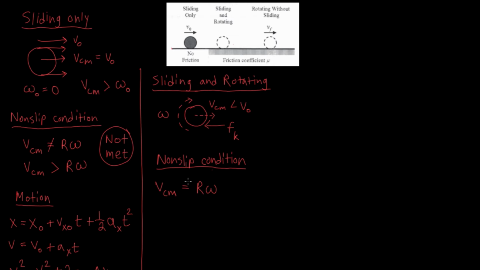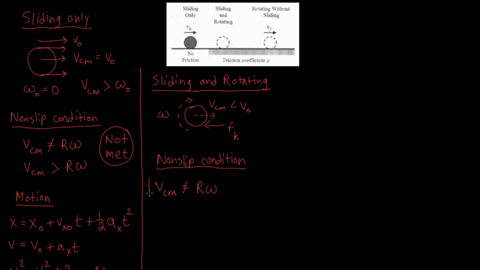So what we can say in this case is that since the object is still in the process of sliding and rotating, the non-slip condition is still not satisfied because the object is still sliding and rotating. And by sliding and rotating, I mean that the force of kinetic friction is still trying to decrease the velocity of the center of mass.